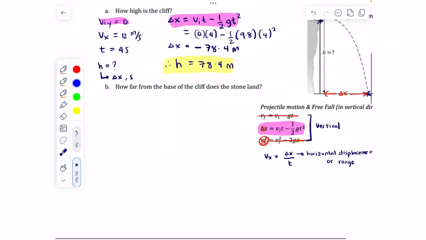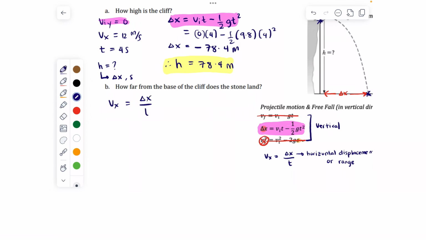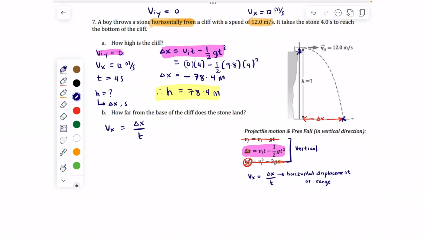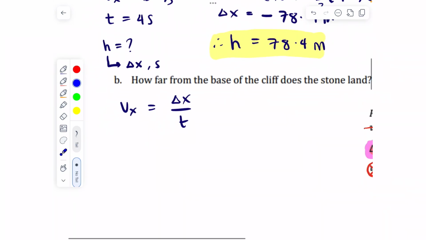We have our Vx is equal to delta x over time, and this Vx right here once again is given to be 12 meters per second. So this is the velocity by which the object was thrown horizontally. So that is our horizontal velocity, Vx. Let's substitute our values.